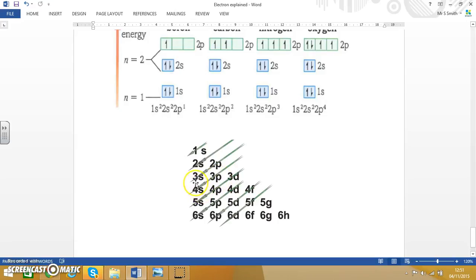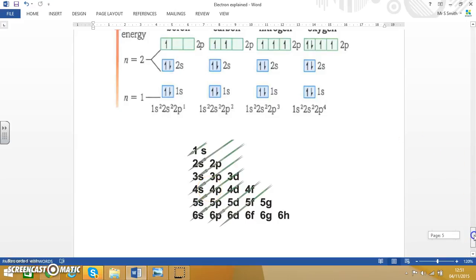So the 4s is filled in front of the 3d. So we fill 3p with 6 electrons. We then move on to fill the 4s subshell before we fill the 3d and the 4p.